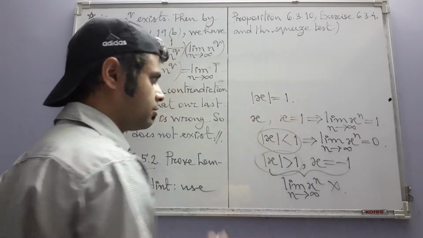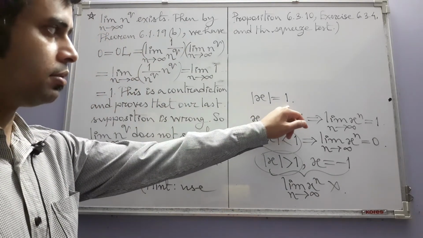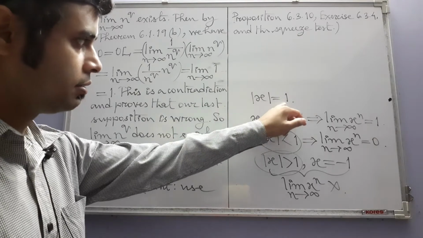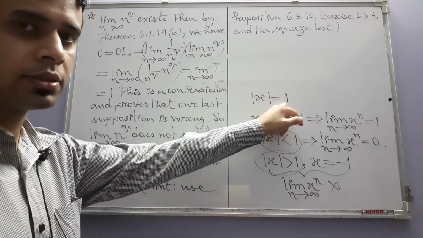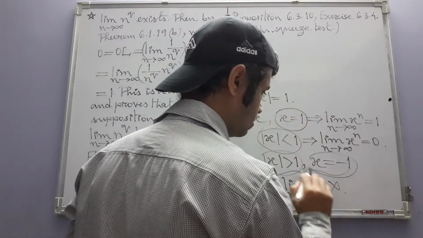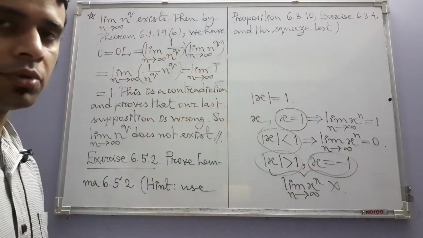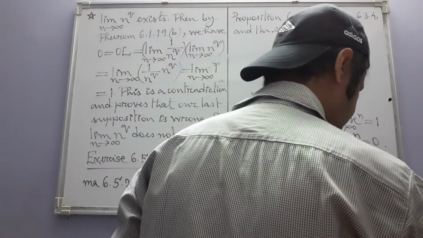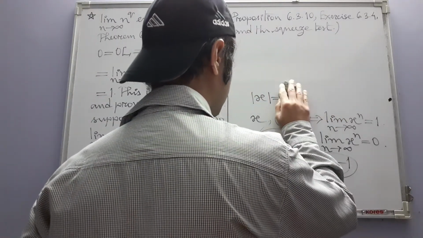This being equal to 1. There are two ways in which this can happen. Either X is equal to 1 or X is equal to -1. So those two cases have been covered here. So everything is available. So let's go through the solution.